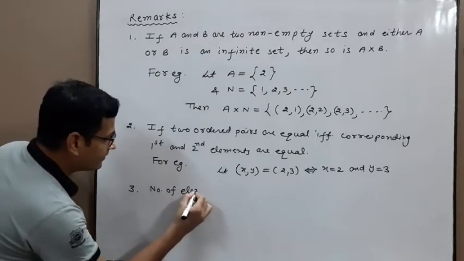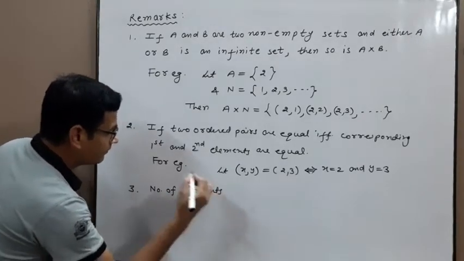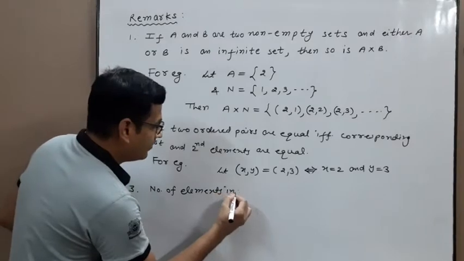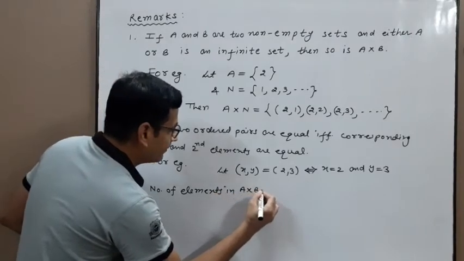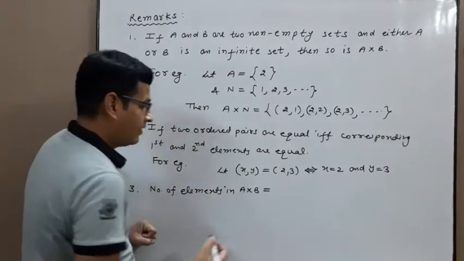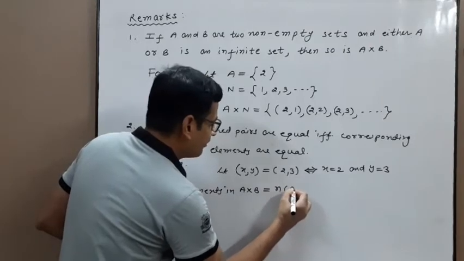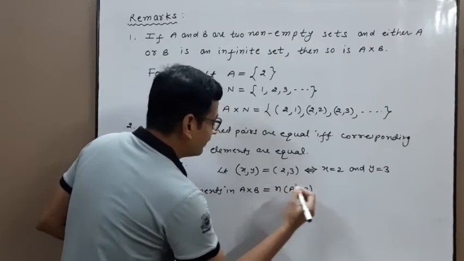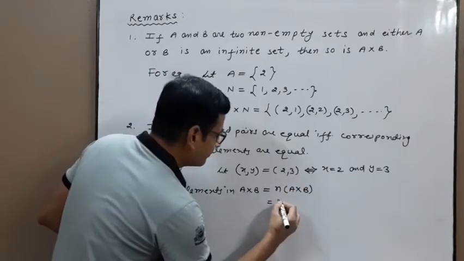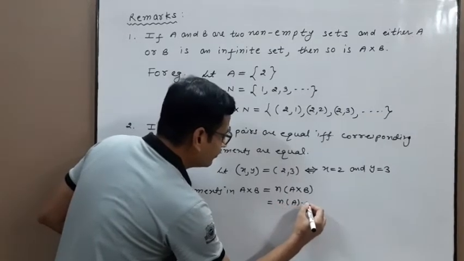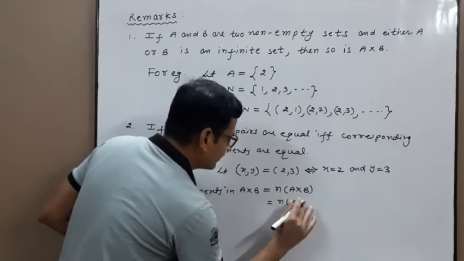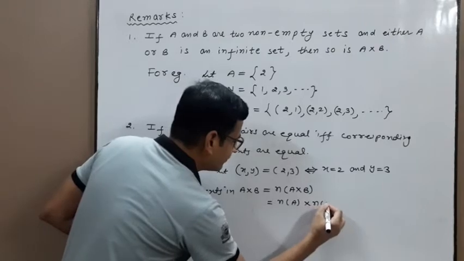Remark number 3. The number of elements in A cross B is denoted by n(A cross B) and is equal to n(A) into n(B). Simple product. This is not a Cartesian product.